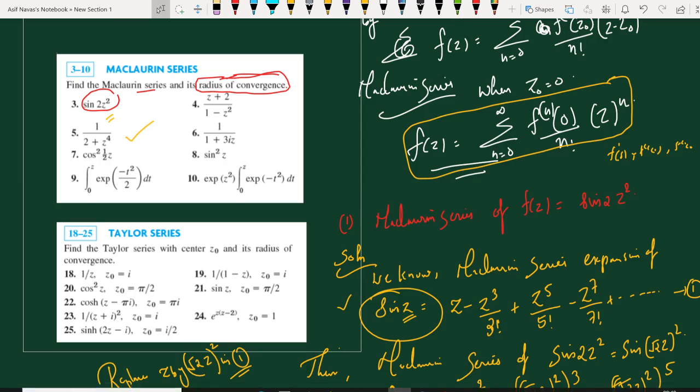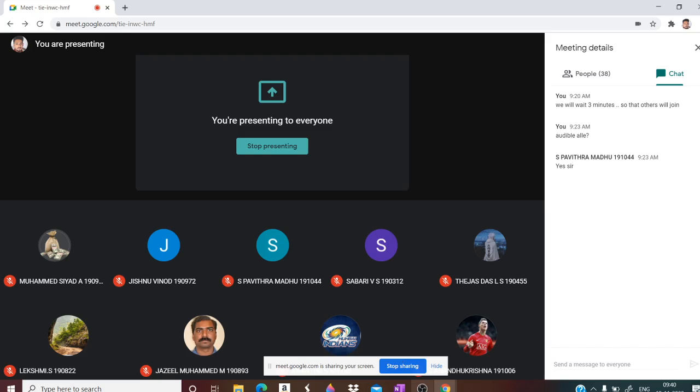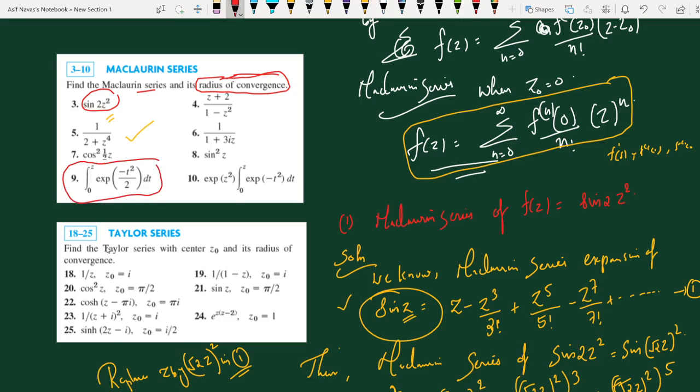If you have any doubt, you can ask me. Otherwise, we can move to the next problem. So now I will do this problem. If you have some confusion about this one, find this in the integral.